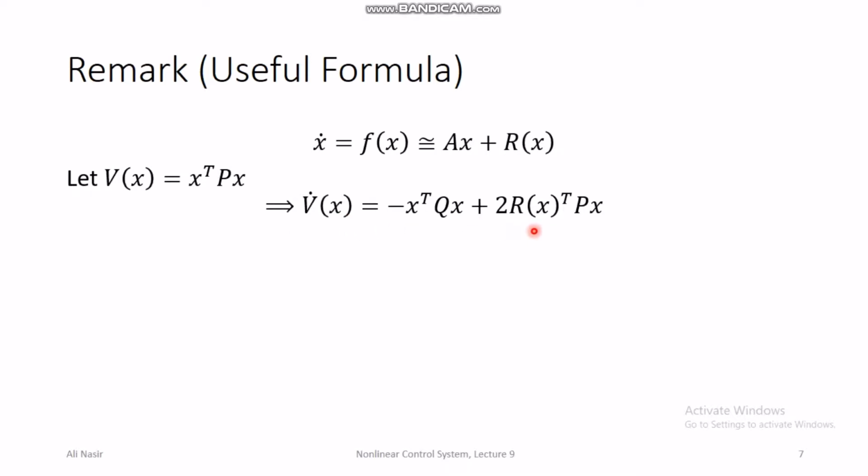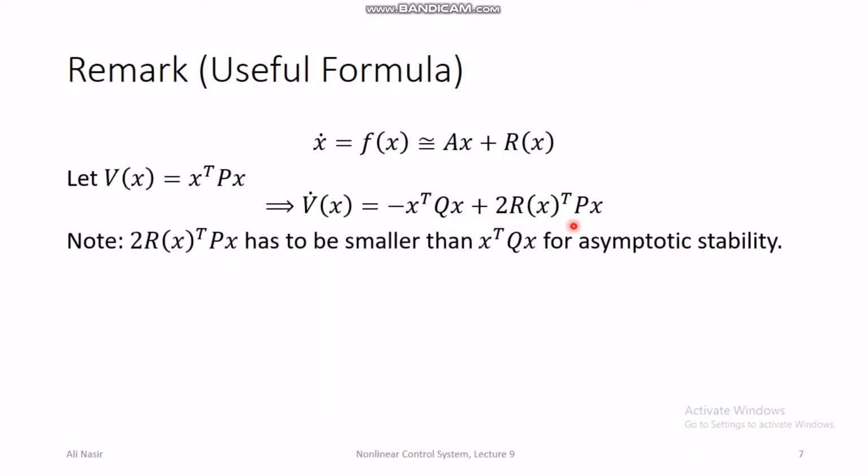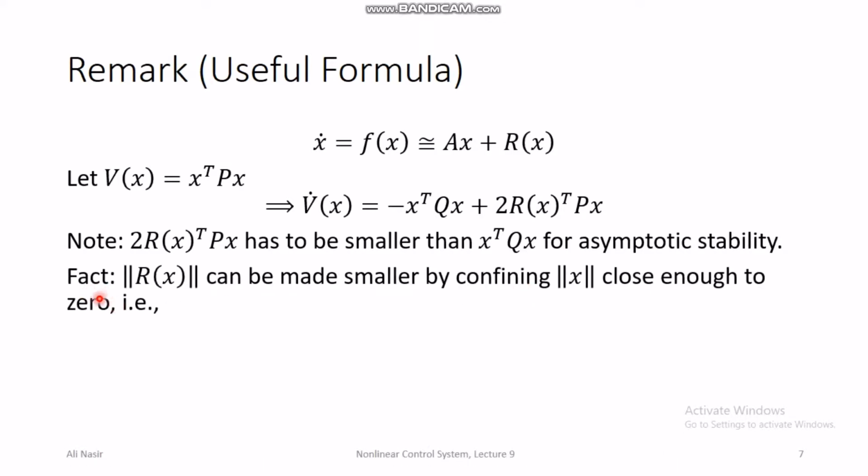But luckily we can make this term as small as we wish, because this term depends upon the remainder of the Taylor theorem R of x. This can be made smaller by an appropriate choice of x. So we note that 2 times R of x transpose Px has to be smaller than x transpose Qx for asymptotic stability, and the fact is that the magnitude of R of x can be made smaller by confining the magnitude of x close enough to 0.